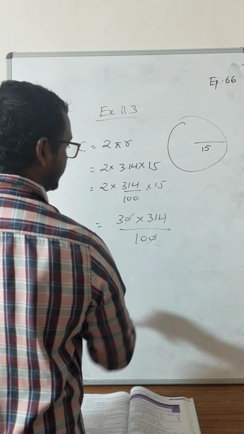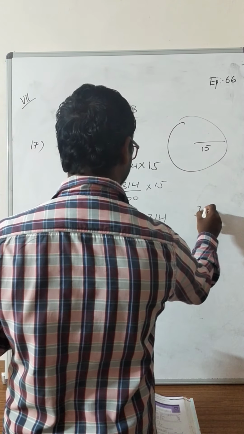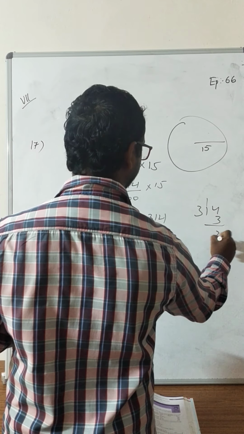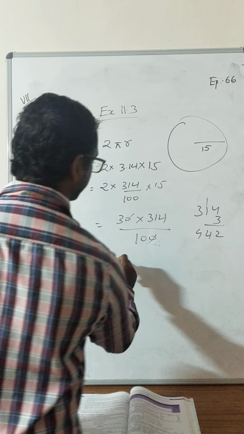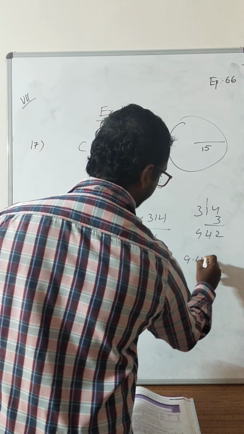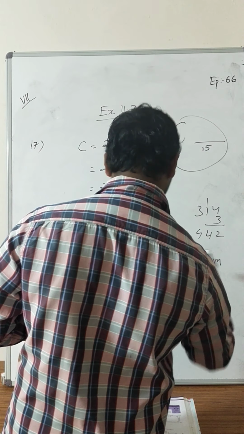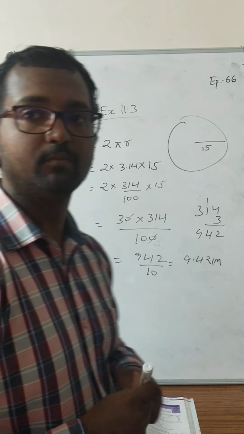This 0 and this 0 will get cancelled. Finally we get 314 into 3, which is 942, divided by 10. We get the answer 9.42 centimeter.